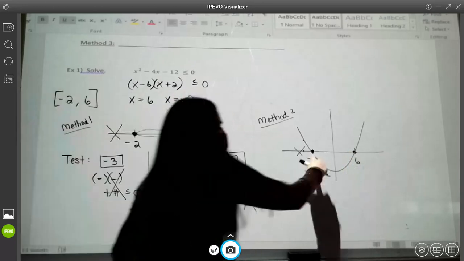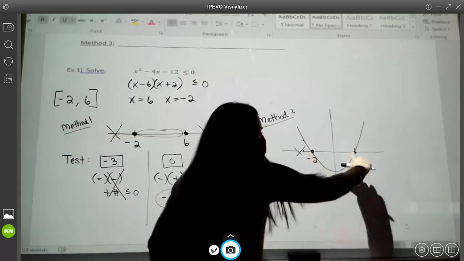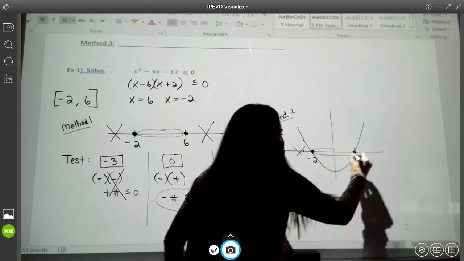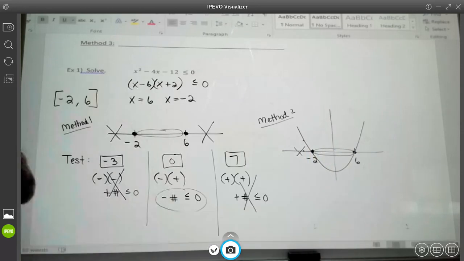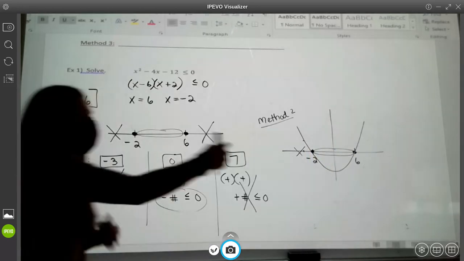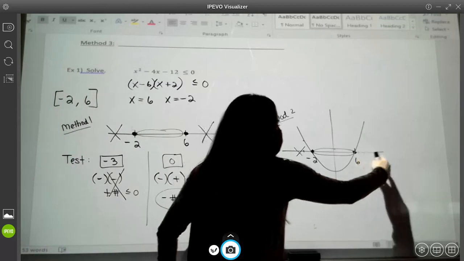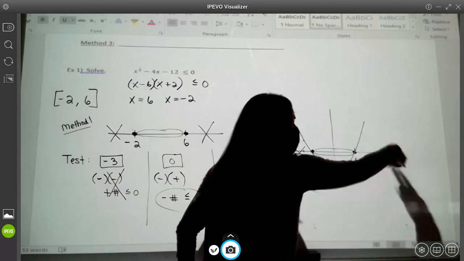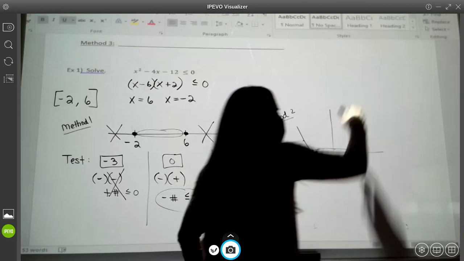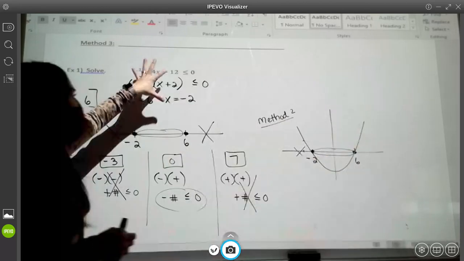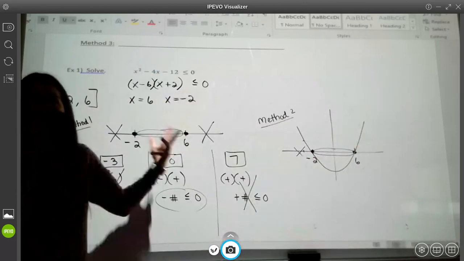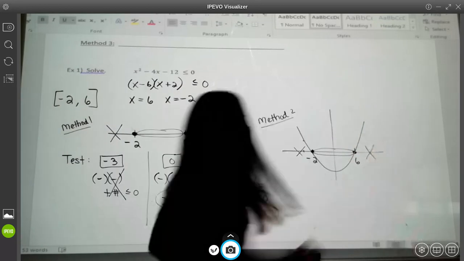And then last, according to the graph, if you plug any number to the right of 6 in, like 7, 8, 100, whatever, what kind of number comes out of this function? Positive. Are positive numbers less than or equal to 0? No. So these are bad x values. They are not solutions to our inequality. And then without having to do any of this, you already know that the answers to this inequality are in between -2 and 6.